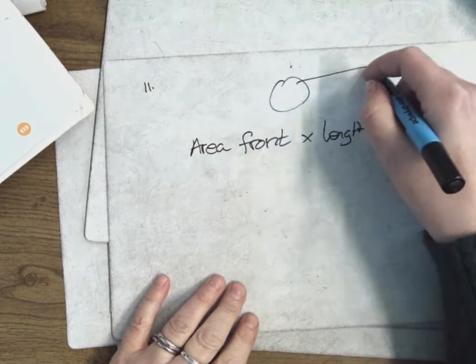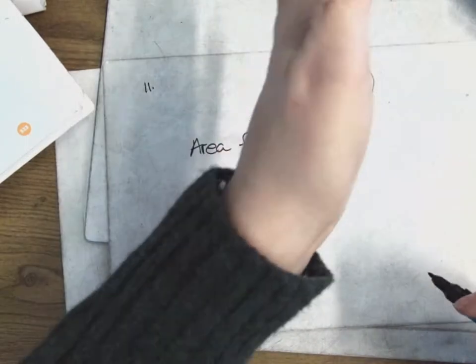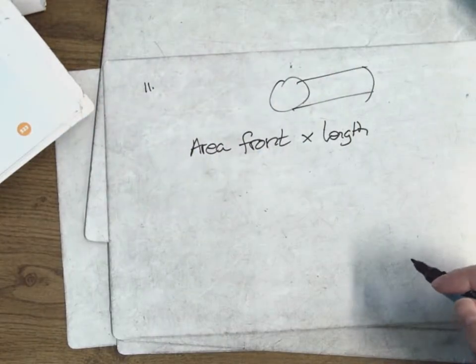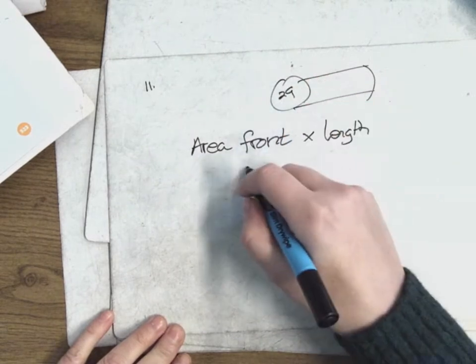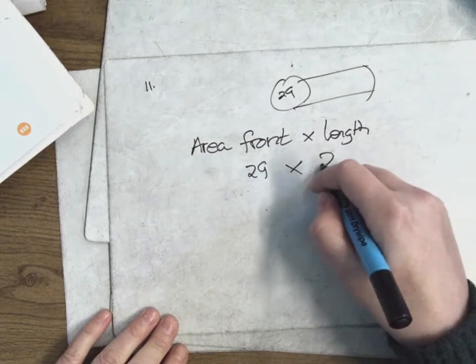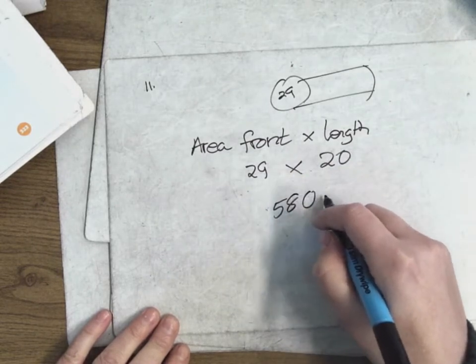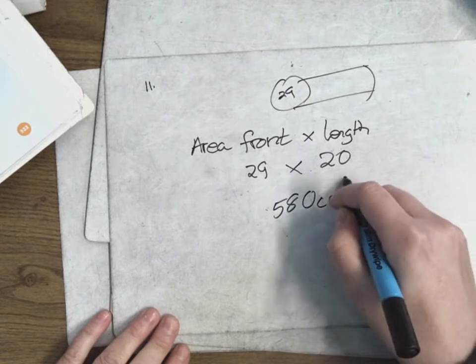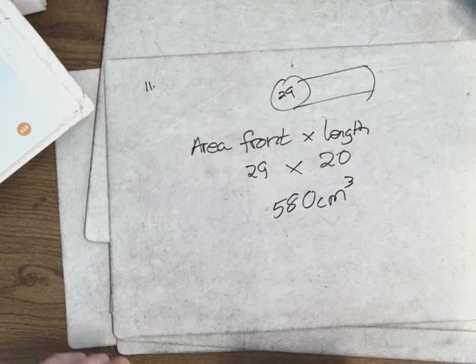This is a circle at the front, and there's a circle at the back that's exactly the same. If you were to slice it anywhere in the middle, you get the exact same circle again. So the area of the front is 29 cm squared, and you multiply that by 20 and you get 580 cm cubed. Am I right with 580? Yeah.